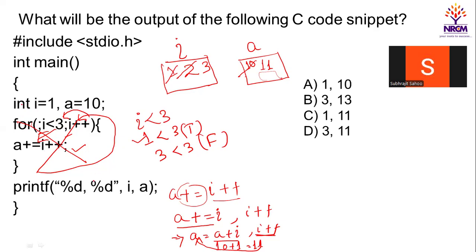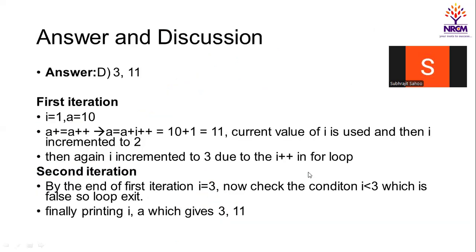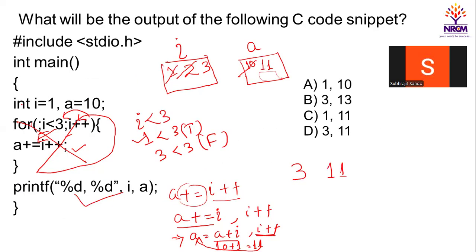Then what is the next line? The next line is to print the I value and A value. Right now I value is 3, and A value is 11. Which is the option? Observe. D option or not? 3 and 11. Okay. Let me execute this program.